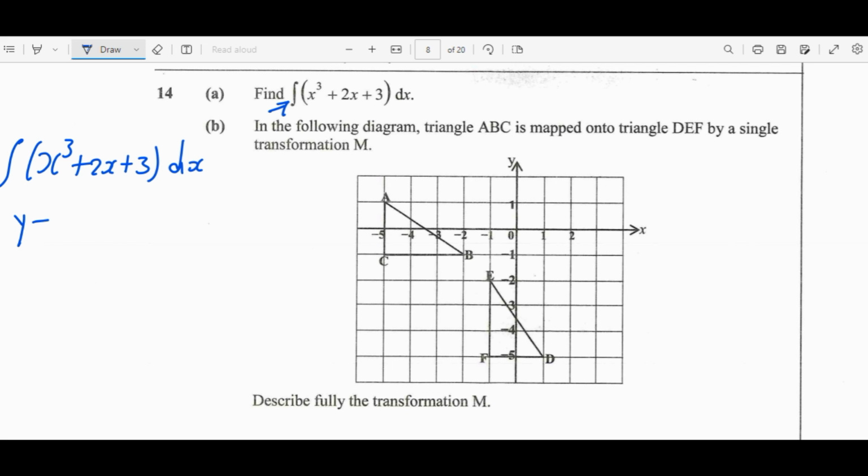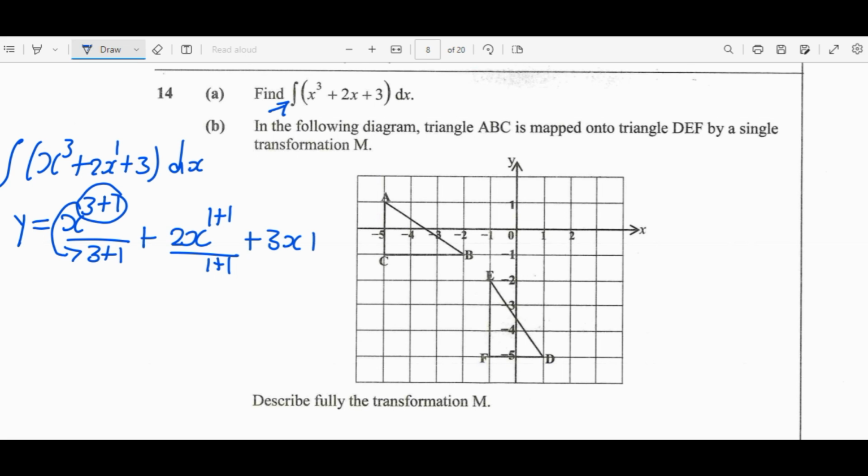So say y is equal to, what happens to the power? You say x is raised to the power 3, you add 1 over 3 plus 1. Whatever you do, this must also be written down here. You repeat the process. So this is power 1, 2x raised to the power 1 plus 1 over 1 plus 1. Then for a constant, you just attach 3x plus c.